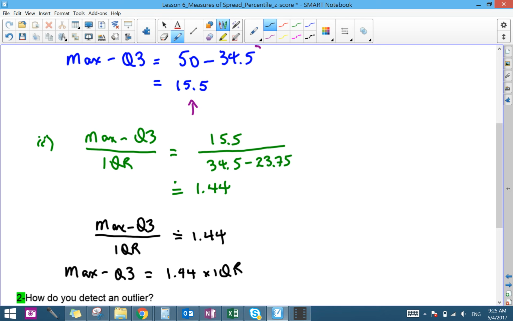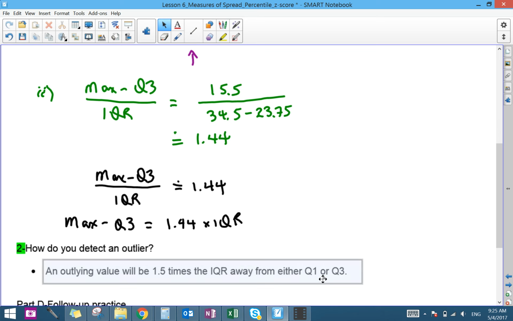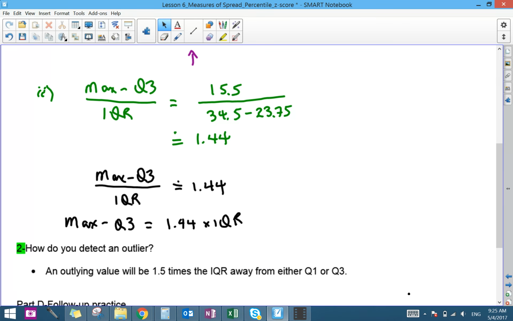Now that's a significant finding, and here's why. As mentioned earlier, statisticians are telling us that an outlying value will be 1.5 times the IQR away from either of those quartiles.